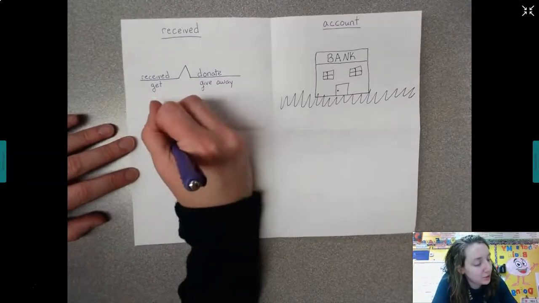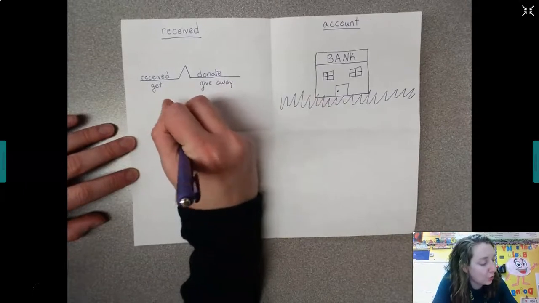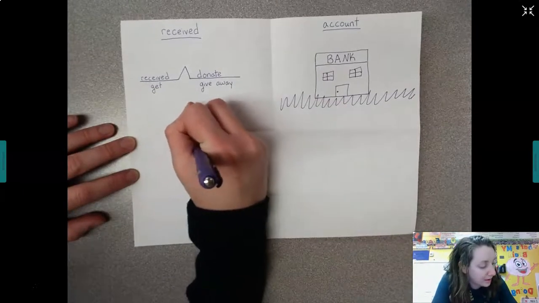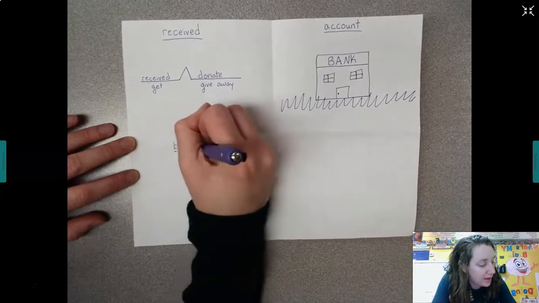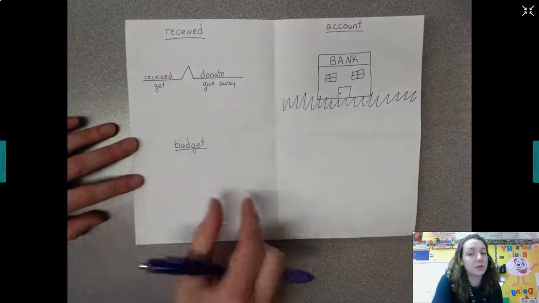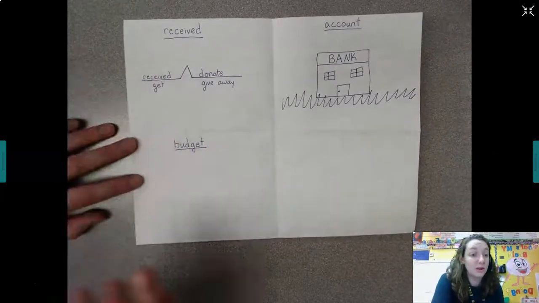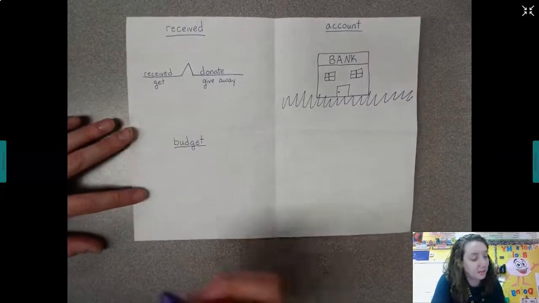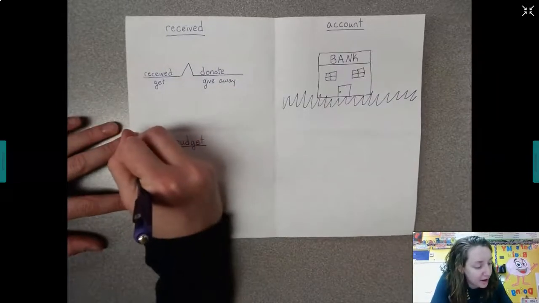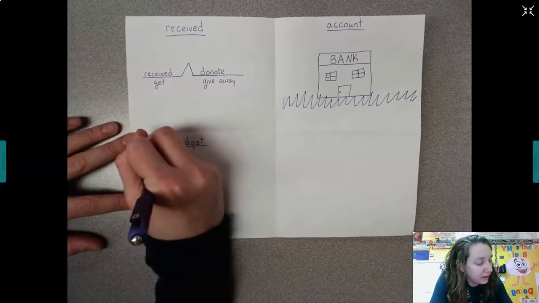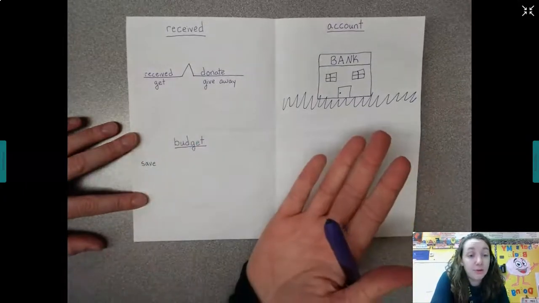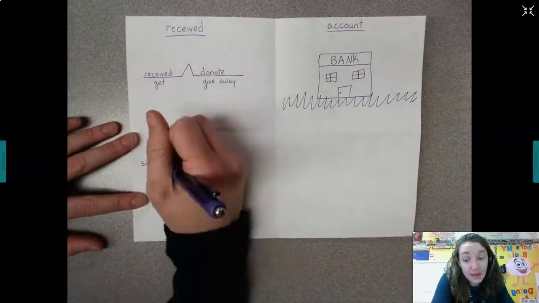The next one we're going to use is budget, and we're going to do the equation. That's when you add 2 things together that equal the vocabulary word. So I think of budget, you have to save an amount of money in order to budget, to use that money for what you need.